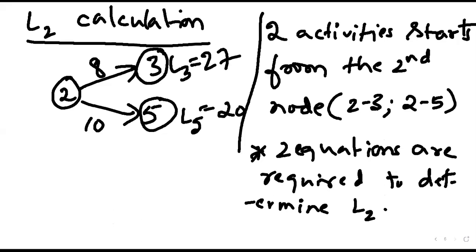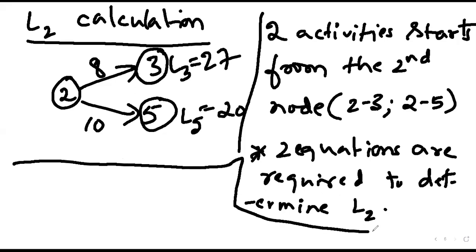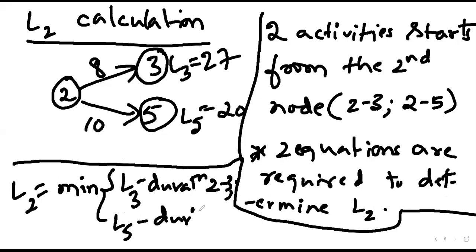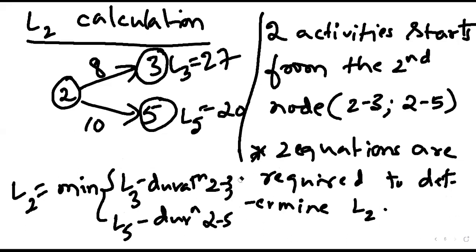Now, why is the minimum considered? Because the minimum value is considered so as to ensure that the project completes on time, the project completion date. Okay, L2 is equal to the minimum of L3 minus duration of 2-3 and L5 minus duration of 2-5. If you have not understood anything, you are supposed to ask.